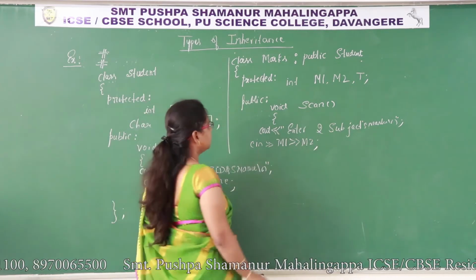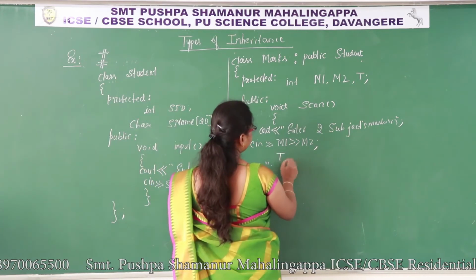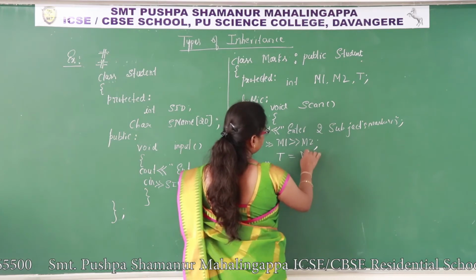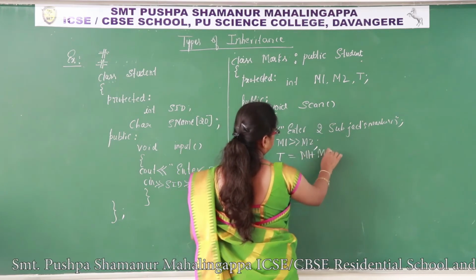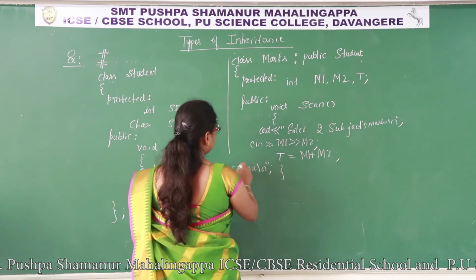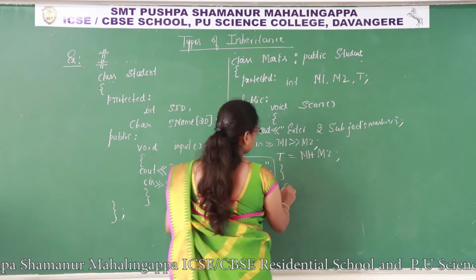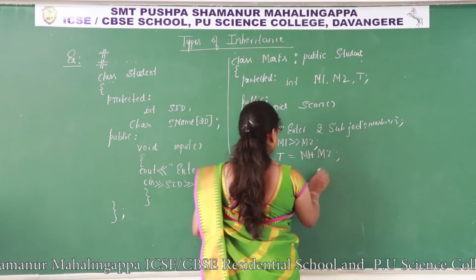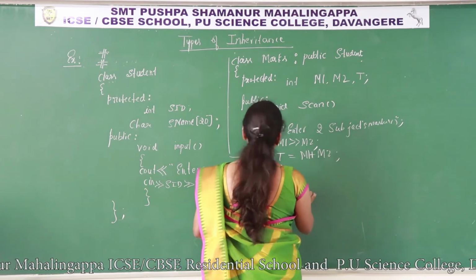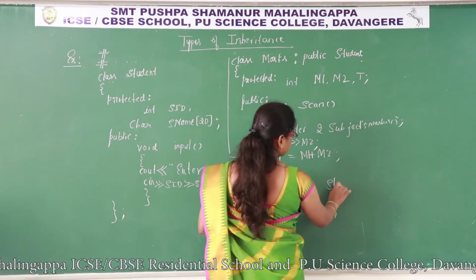Okay, now I'll calculate the total here itself. Total is equal to m1 plus m2. Now I'll display. Sorry, I must take a function, void show.